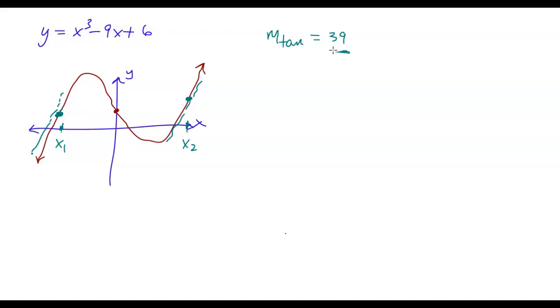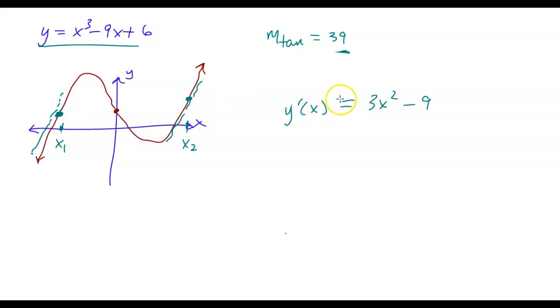Now, to figure that out, we know that for this particular function, to track instantaneous rate of change, I'm going to have to find the derivative of this function. In this case it's just going to be 3x squared minus 9.